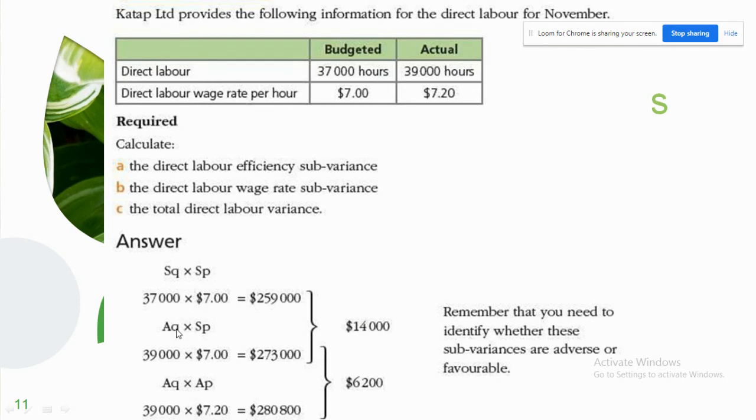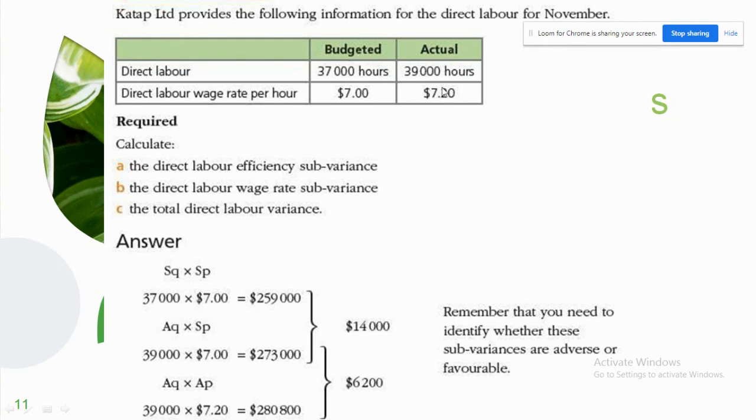Now, to get direct labor wage rate variance, it will be AQ times SP, which is 273,000, minus AQ times AP. Now, this is just looking at the wage rate difference. Actual hours worked was 39,000 hours, and it was budgeted for $7 per hour, but instead it was $7.2.